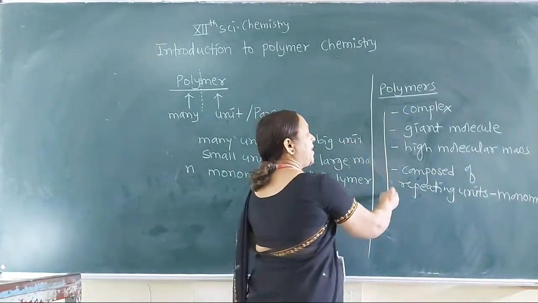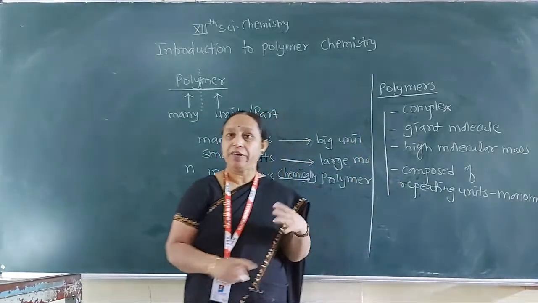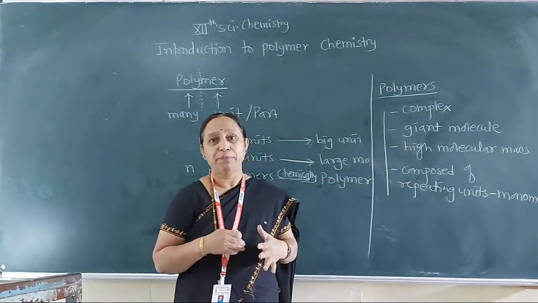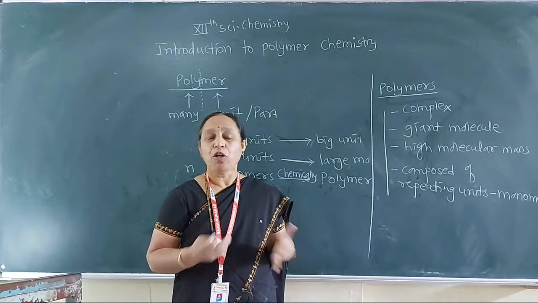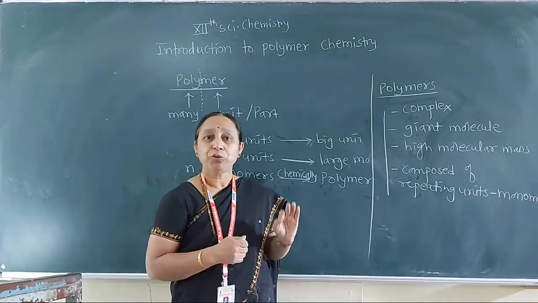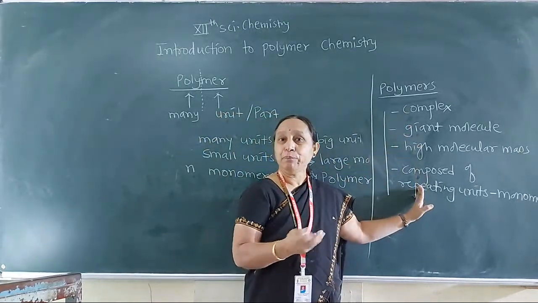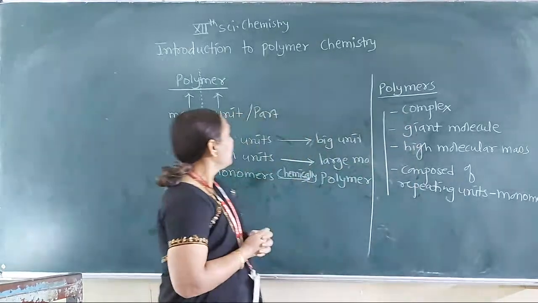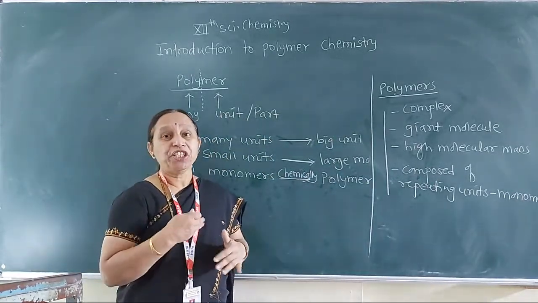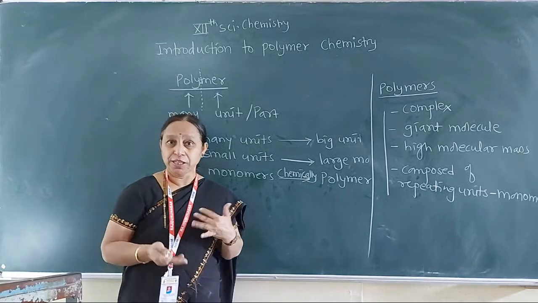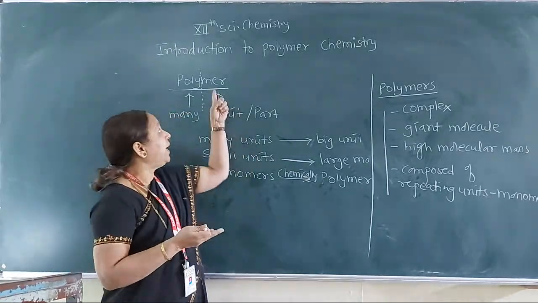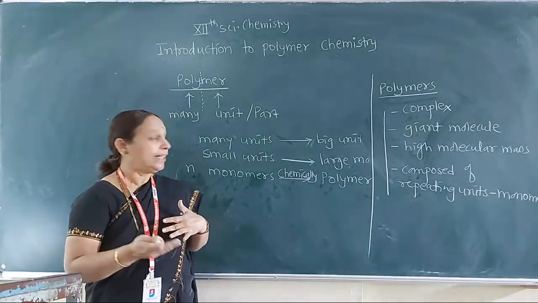All these points for polymers are very important and you have to remember them one by one. In the definition of polymers, you have to write all these important words. Polymer originates from the Greek word, where poly means many and mer means unit.